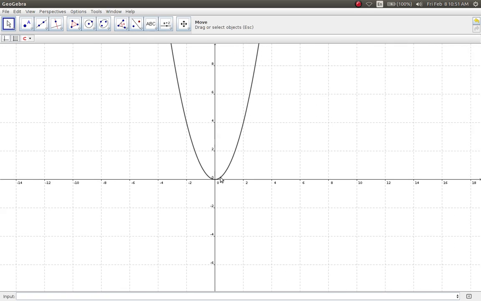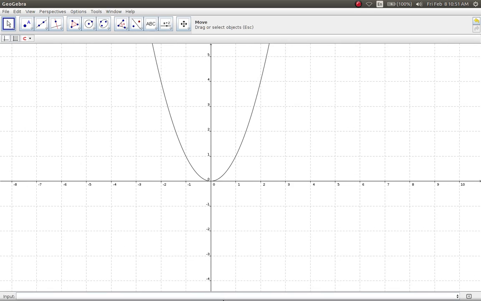This graph, you could plot it by saying when x is 1, y is 1 squared, which is 1. When x is 2, y is 2 squared, which is 4.